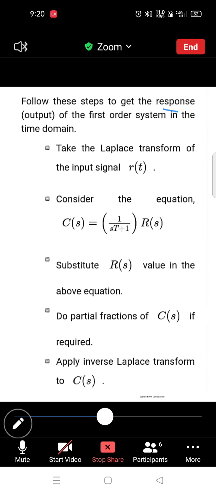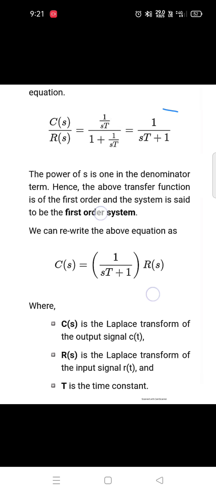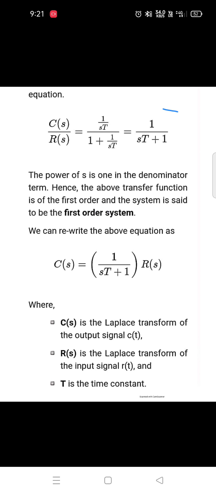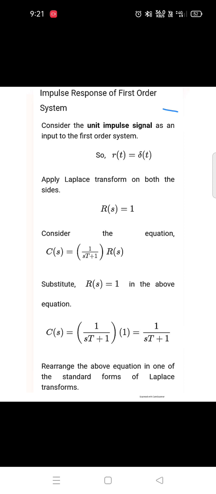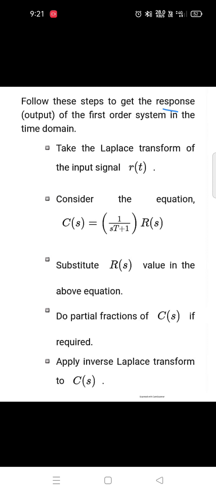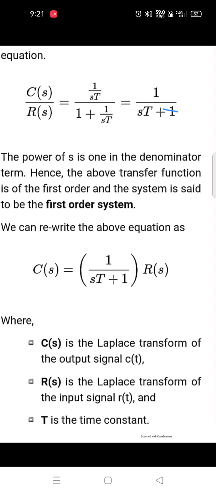So we will substitute the value of R of s in the above equation and will do partial fraction for C of s, that is for this 1 upon sT plus 1, and then do the inverse Laplace transform. Okay, so this is the equation C of s equal to 1 upon sT plus 1 into R of s.